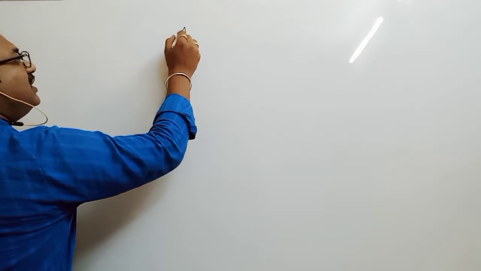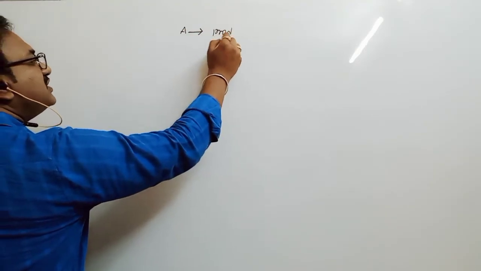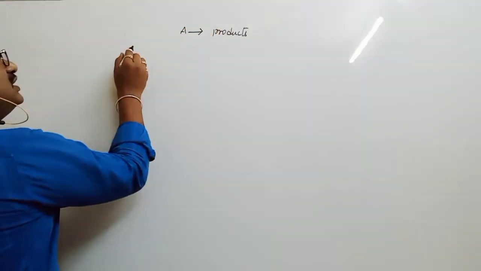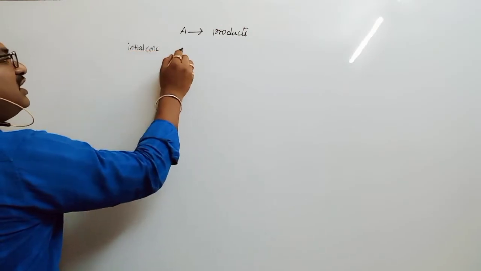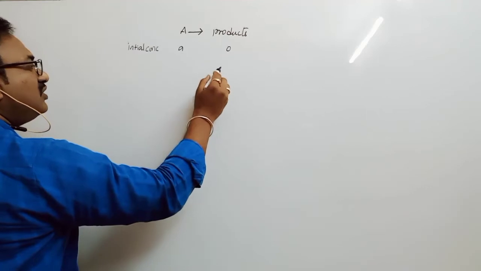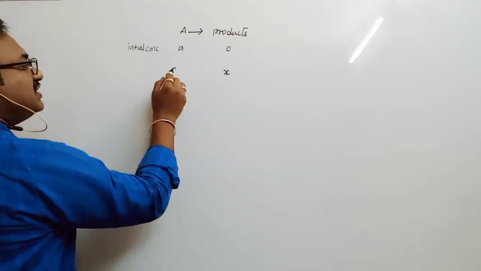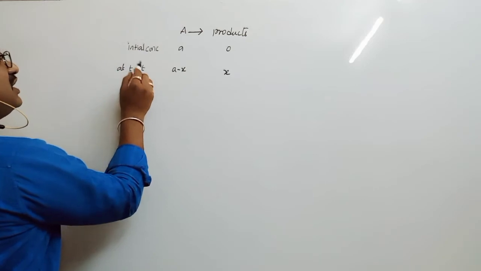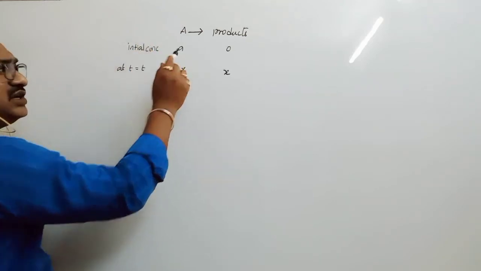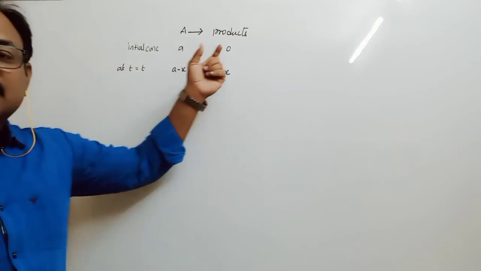Again, we just assume A gives rise to products. Initially the concentration is A moles per liter and 0; after time t, it becomes A minus x and x.